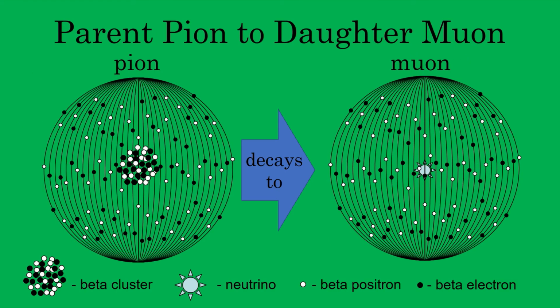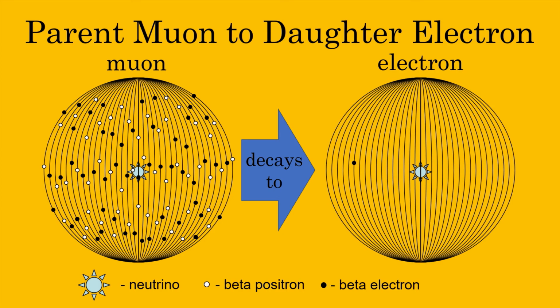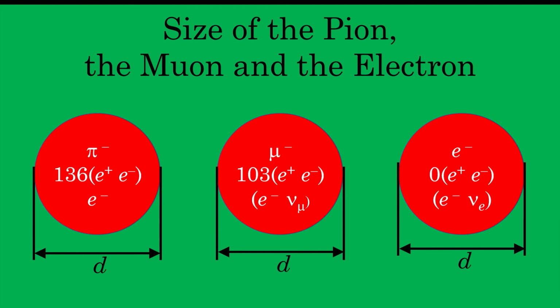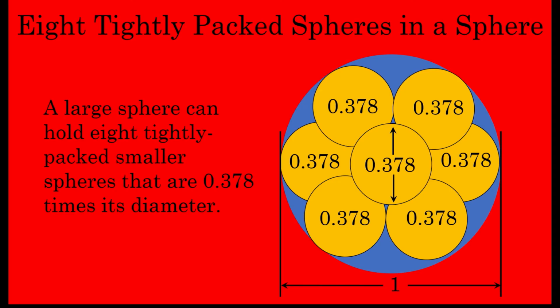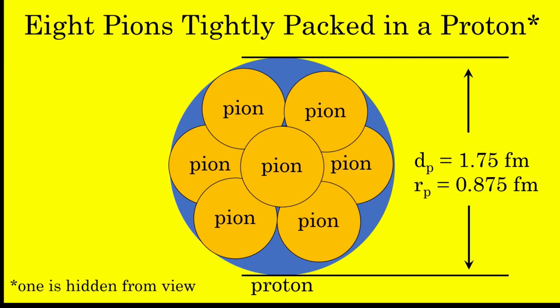If the orbital shell is passed down from the pion to the muon and on to the electron, then the radius of the muon and the electron is the same as the pion. In video 3, we estimated the radius of the pion to be about 0.33 times 10 to the minus 15 meters, based on 8 of them tightly packed within a proton with a radius of 0.85 times 10 to the minus 15 meters.